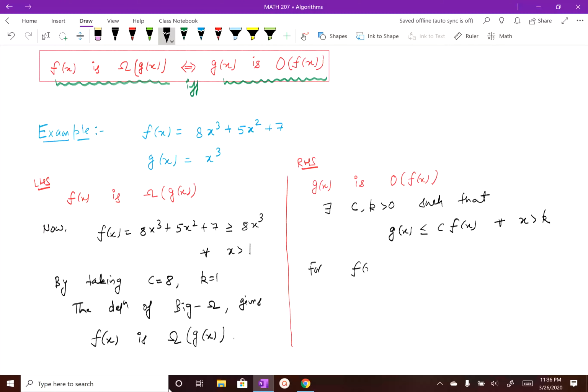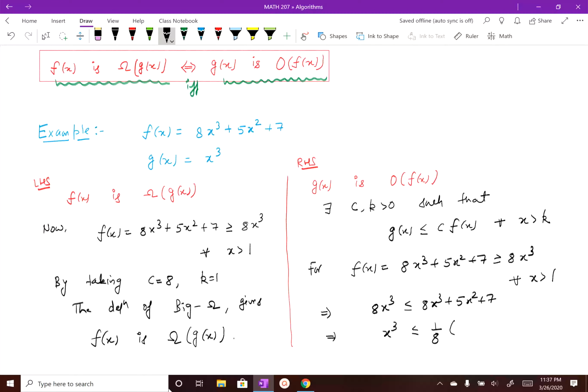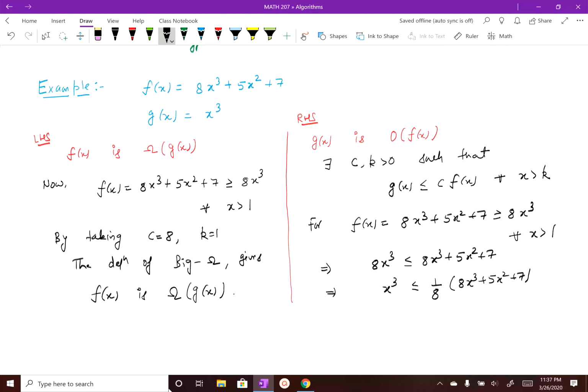For f of x equal to 8x cubed plus 5x squared plus 7, we can show it is greater than or equal to 8x cubed for every value of x greater than 1, and this implies that 8x cubed is less than or equal to 8x cubed plus 5x squared plus 7, which on dividing by 8 on both sides gives that x cubed is less than or equal to 1 divided by 8 times x cubed plus 5x squared plus 7, and then this is my g of x is less than or equal to 1 by 8 times my f of x for every value of x greater than 1.